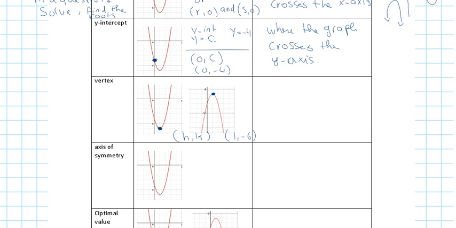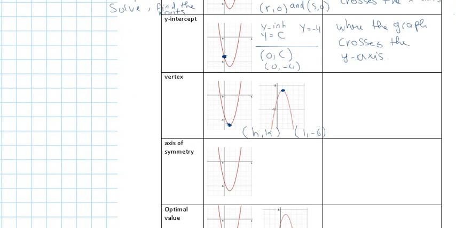Where the x value first, right? Then you write your y value, okay? So 1 and negative. So if I look at this, right, this is 1 and this is -6.